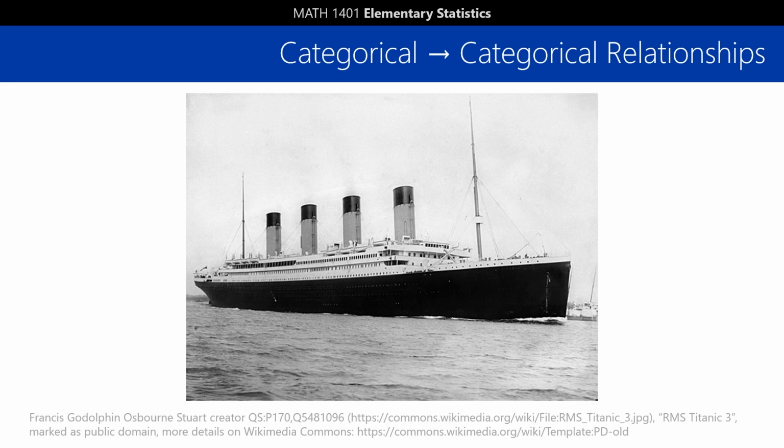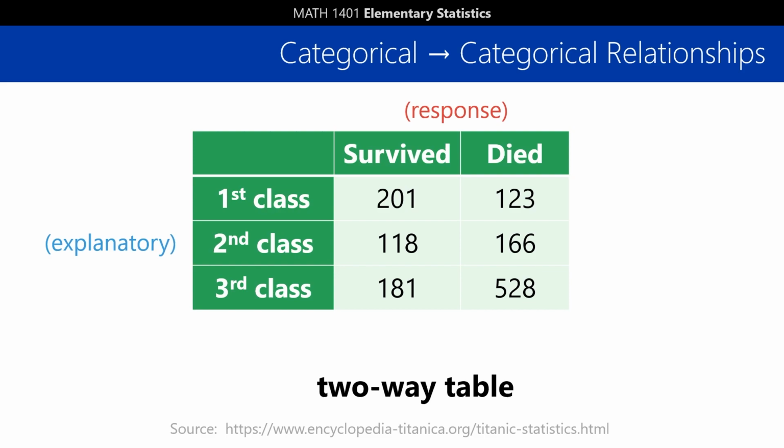In 1912, the RMS Titanic famously sank, and more than half of the 2,000 aboard died, which included first class, second class, and third class passengers, as well as crew members. With a statistical mindset, we might investigate if there's a relationship between the class of the passengers and the survival rate. Here's how we might do it with a two-way table.